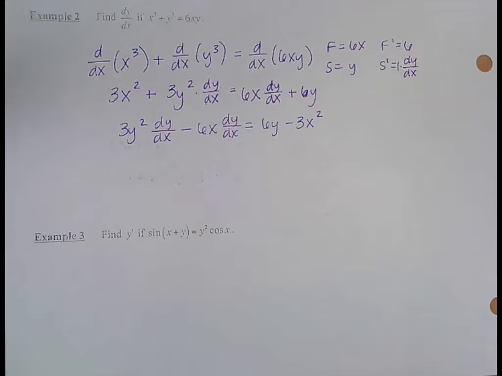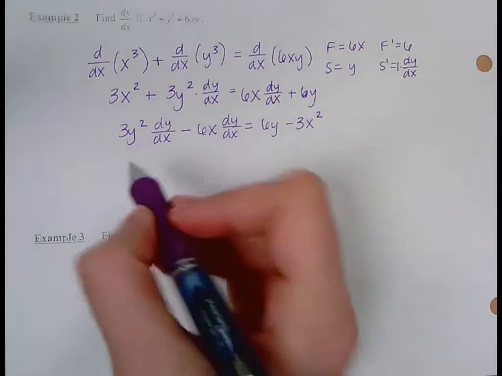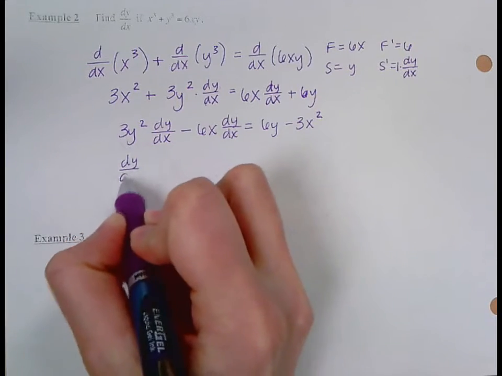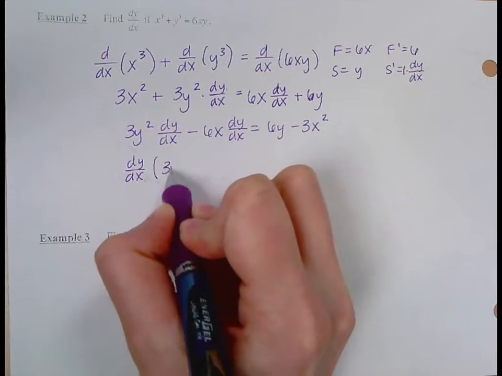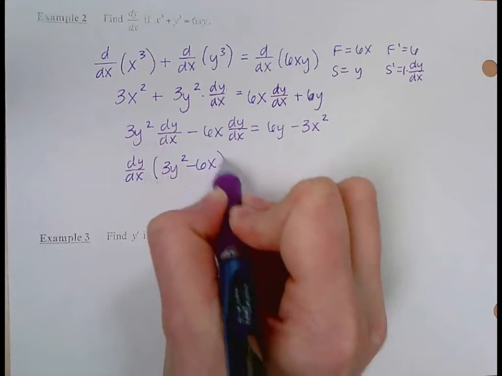And the reason why I'm bringing them to the same side is because what can I do from here to solve for it? I can factor it out then. So I have dy dx times 3y squared minus 6x.